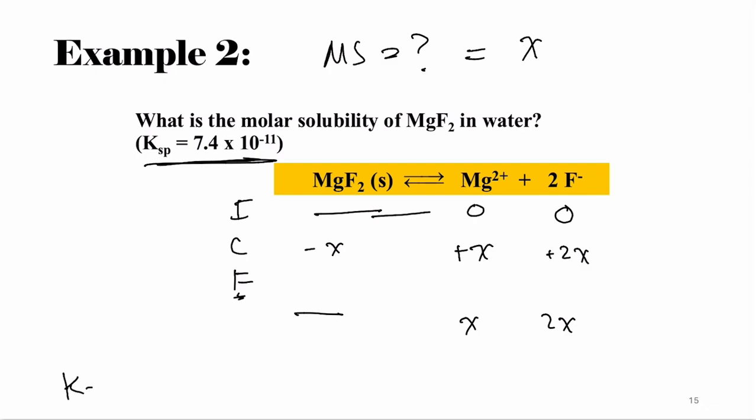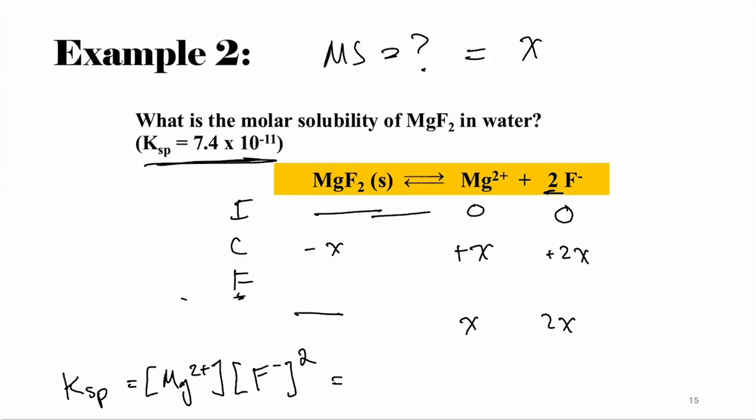And so then what's our expression for Ksp in terms of the concentrations before we put in x? It should be the concentration of magnesium 2+, and then fluoride to the power of 2, because it has that coefficient.